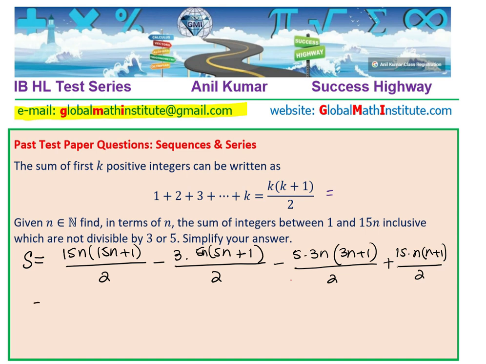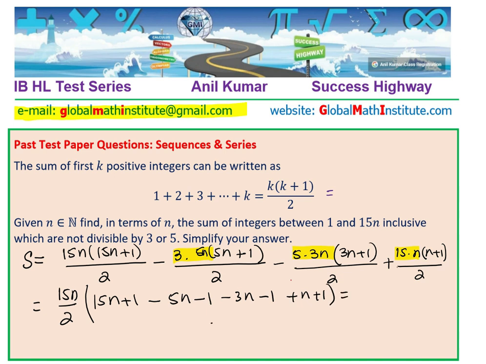What you notice here is that 15n by 2 is a common factor. This is also 15n, this is also 15n, this is also 15n, and 2 is the common denominator. So now it becomes simple. We are adding 15n plus 1, minus 5n minus 1, minus 3n minus 1, and plus n plus 1.